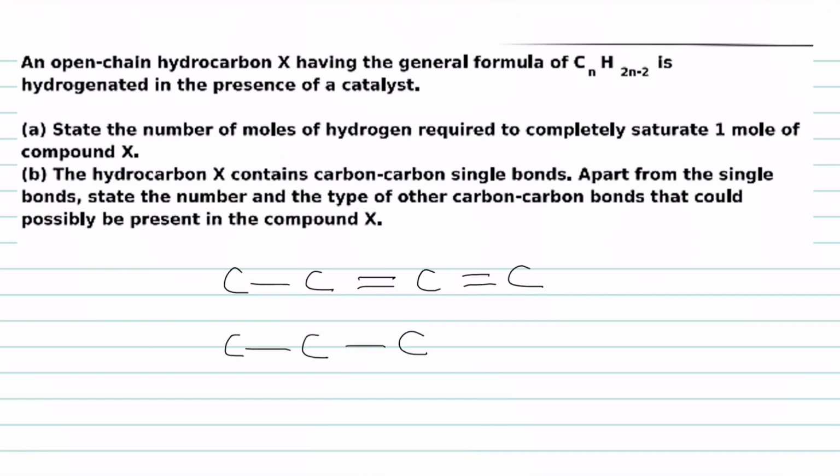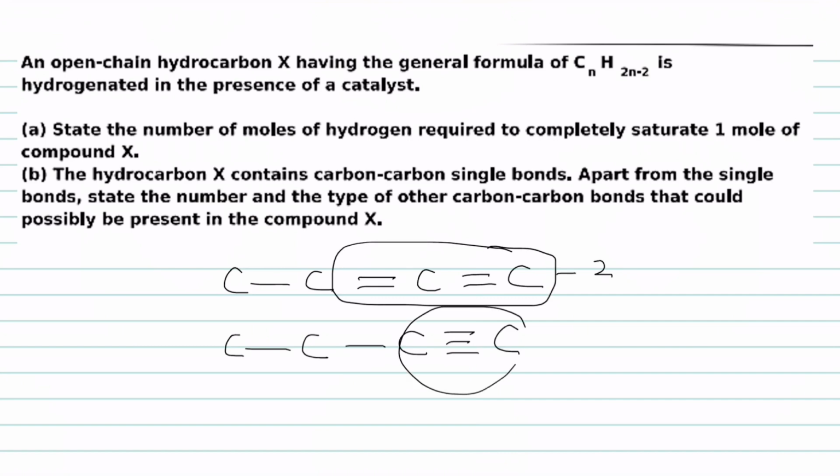It can have a carbon-carbon triple bond also. So apart from the carbon-carbon single bond, it can have either carbon-carbon double bonds, 2 of them, or a carbon-carbon triple bond. All right, moving on.